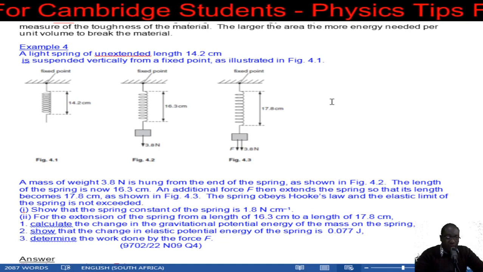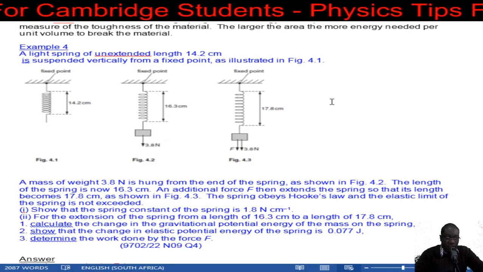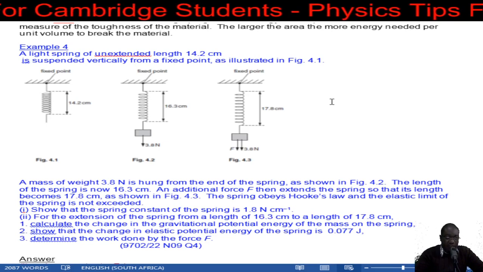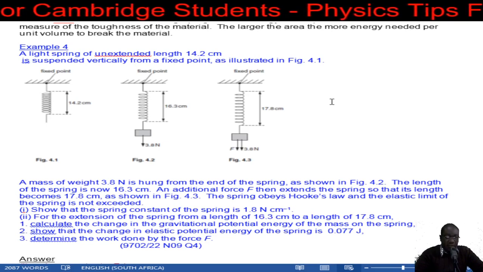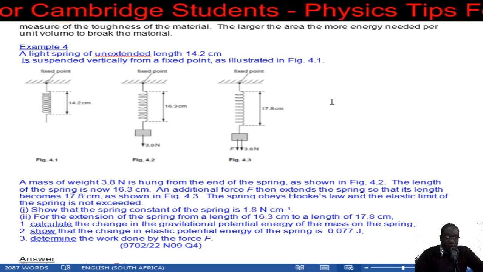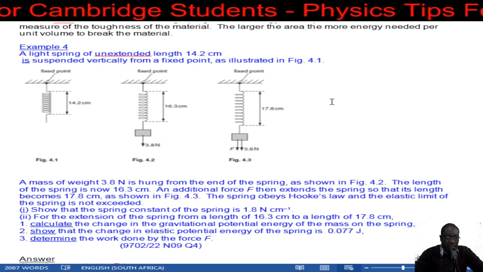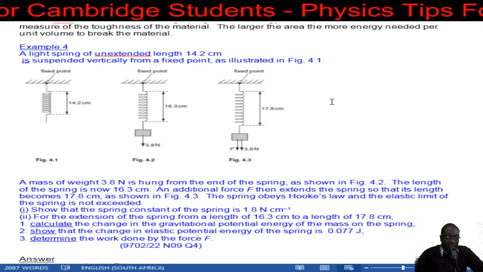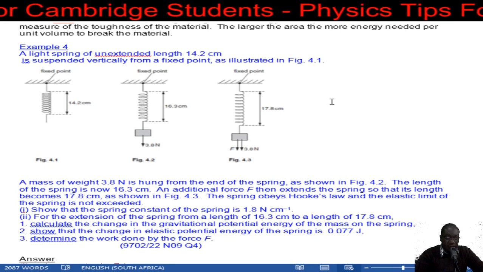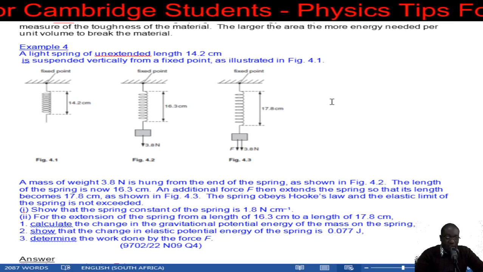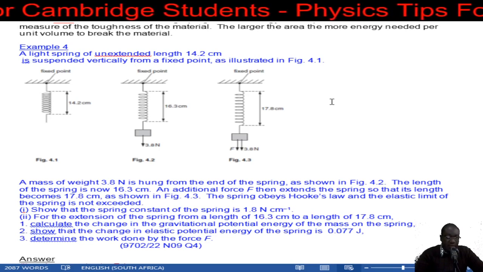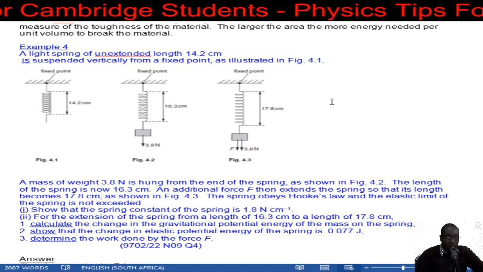The length of the spring is now 16.3 centimeters. An additional force F that extends the spring does so that its length becomes 17.8 centimeters as shown in figure 4.3. The spring obeys Hooke's law and the elastic limit is not exceeded.